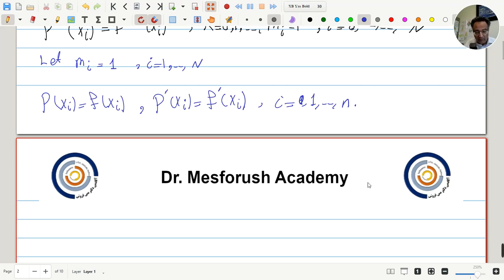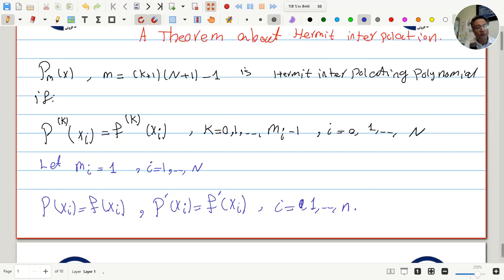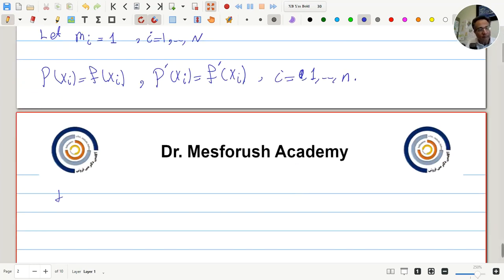In this case, by this formula, we will have k equal to 1, and n equal to small n. So m will be 2 times (n plus 1) minus 1, and this will be 2n plus 1.